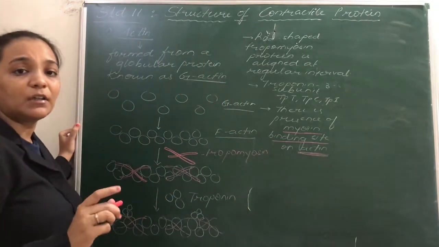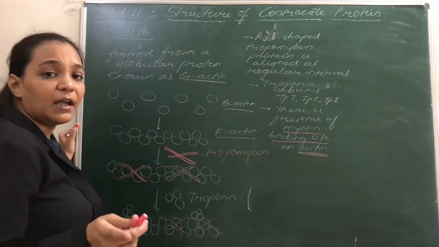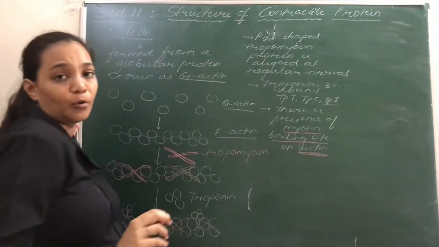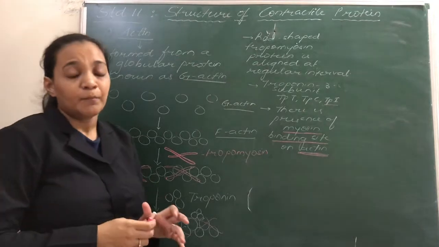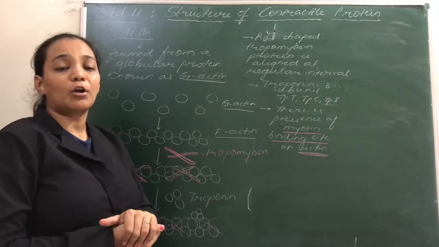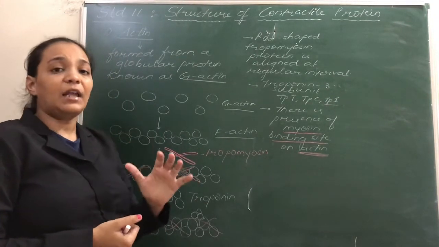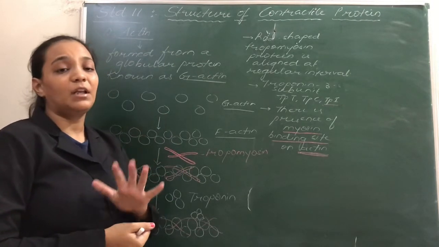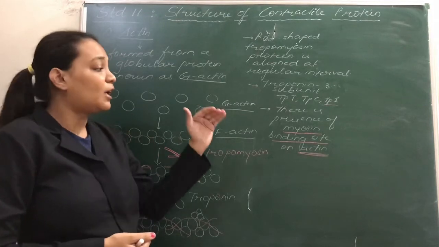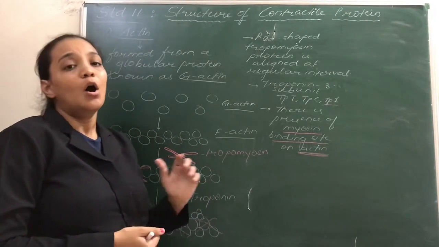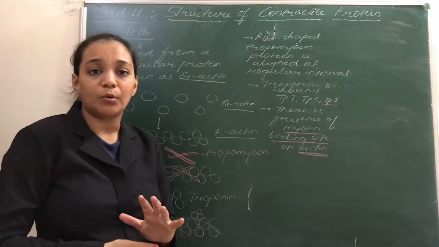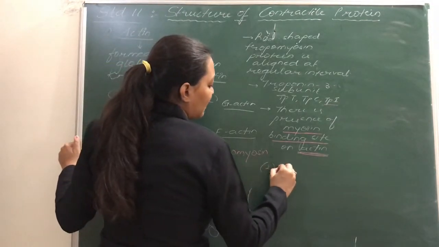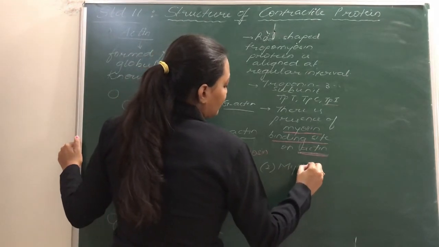They are present on the actin, but these sites are hidden by the troponin. They are not always exposed. Only when the medium or the cell has calcium are these sites going to be exposed. Until calcium is released, these sites remain hidden and muscle contraction does not begin.